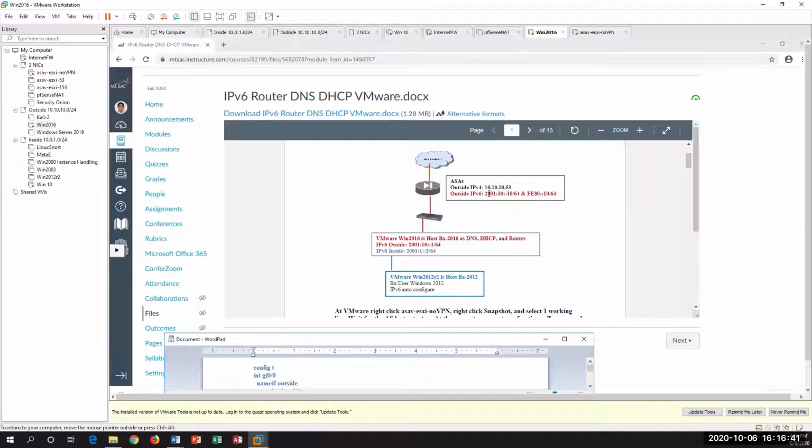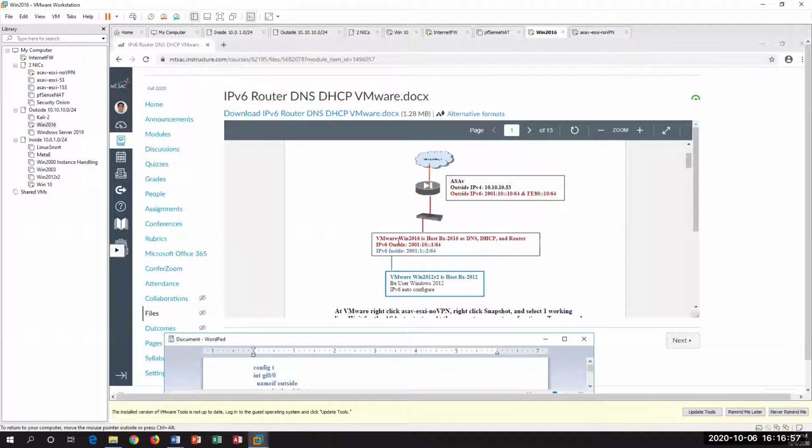Structure is the same, 2001:10:10/64 and FEA0:10:64 for the link local and IPv6 outside. In this particular discussion and demonstration, we are not going to do the internal one.